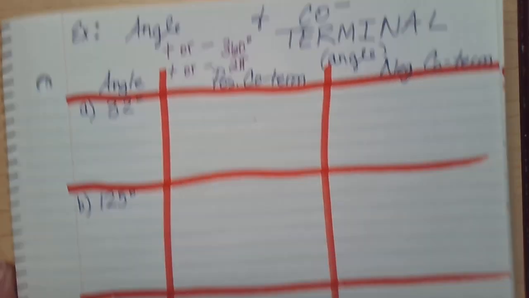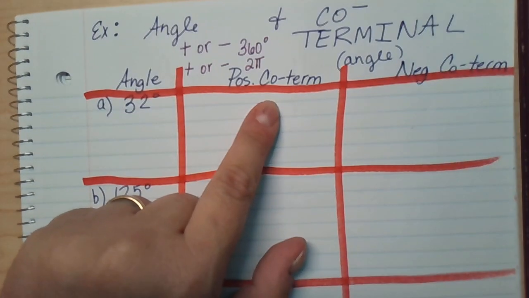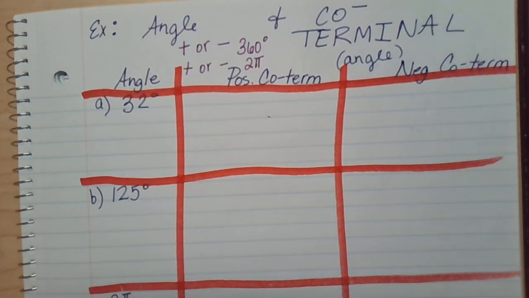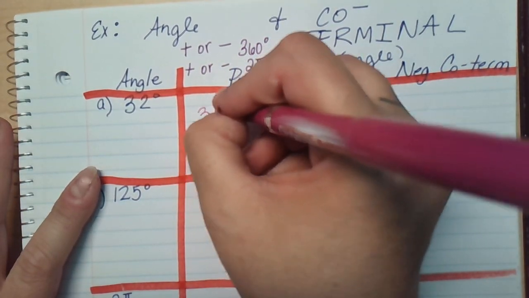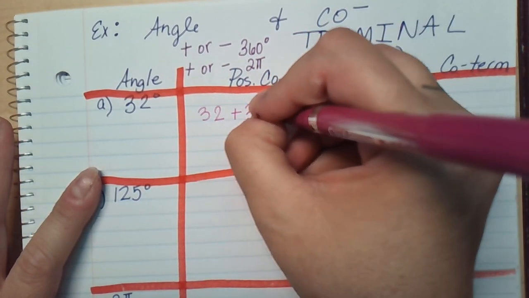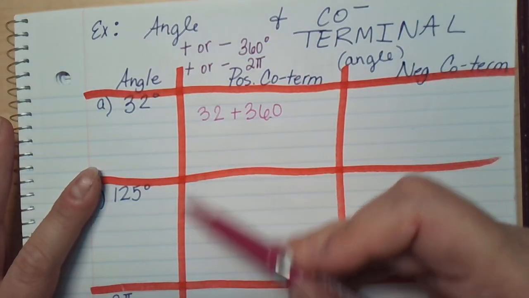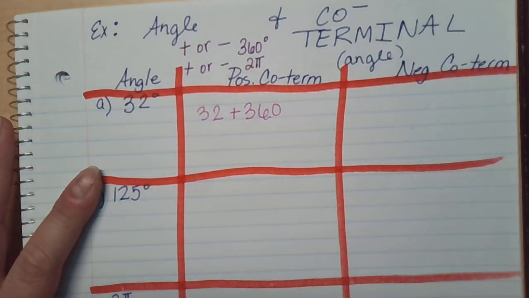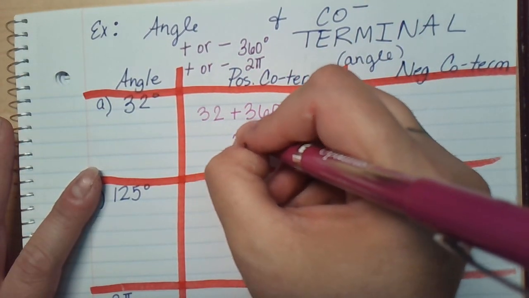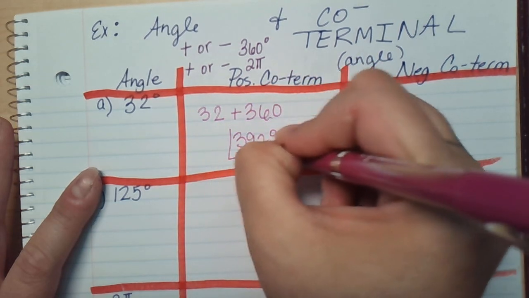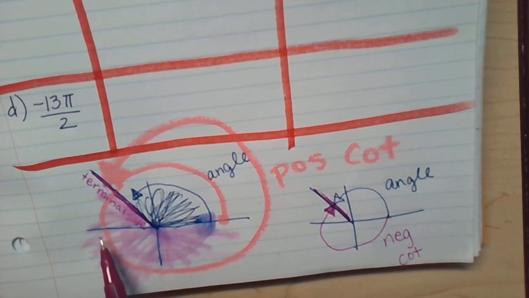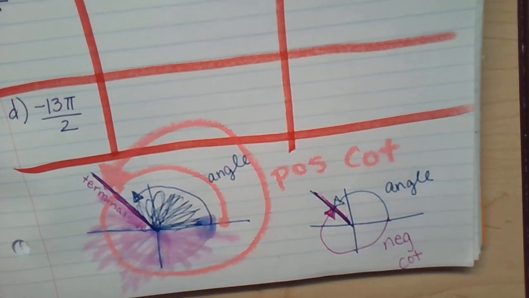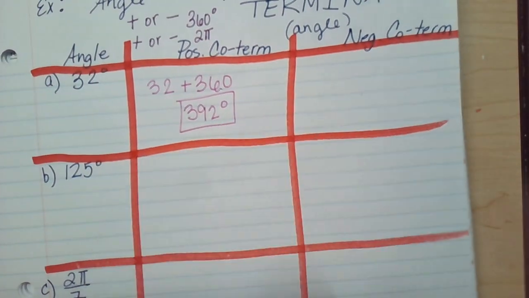So first, why don't we try a positive coterminal angle, as in an angle that'll land on the same spot? Positive means I add 360. If I were to subtract, I'd get a negative angle. So 32 plus 360 is 392 degrees, and that's a coterminal angle. That would represent this one that went all the way around. Let's look at the negative coterminal.